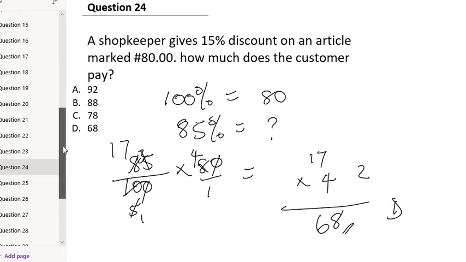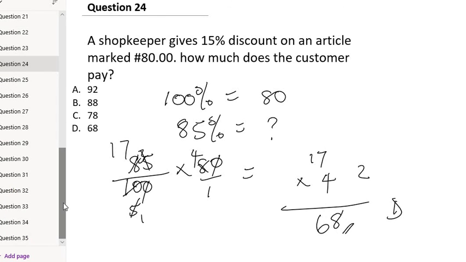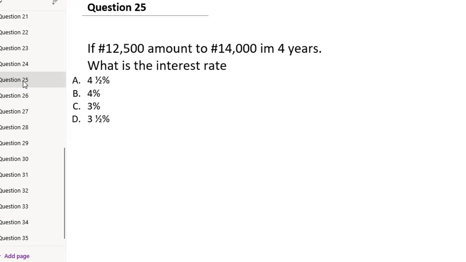Okay, so now let's take question 25. If 12,500 amount to 14,000 in 4 years, sorry for that typographical error, that's supposed to be in 4 years, what is the interest rate?